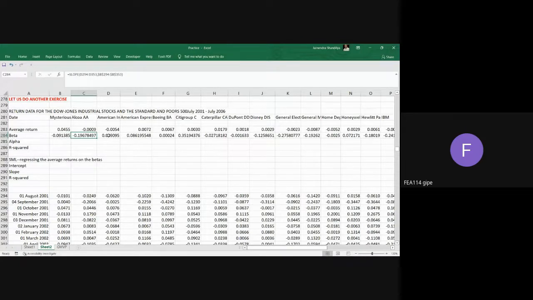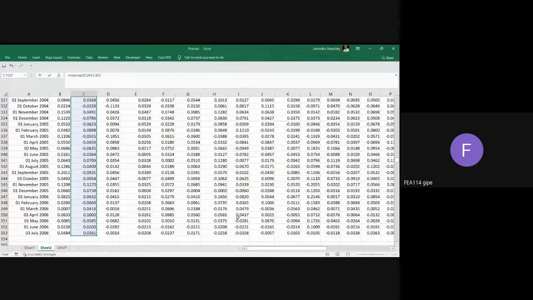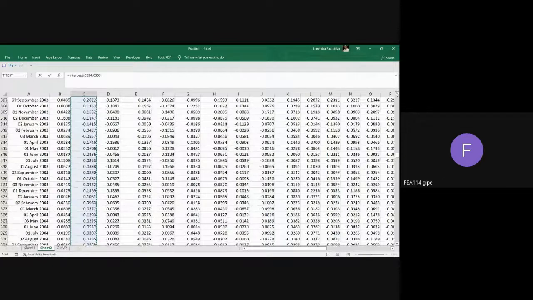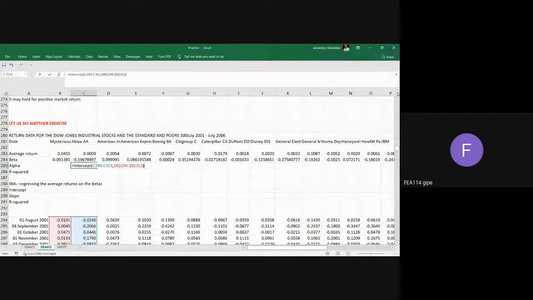So you'll see one thing is very common. The same thing I will do for alpha. So here, we'll again select this. And then $B, sorry, $4, 353, because this is where my whole data set is.